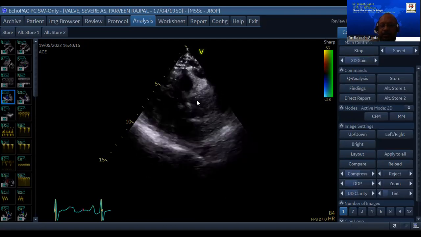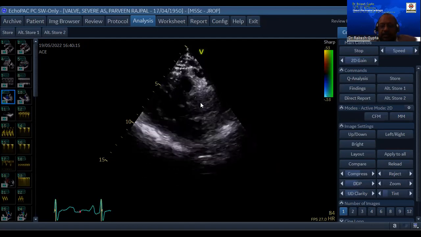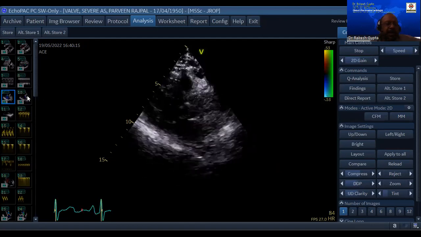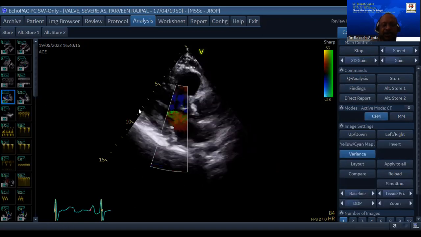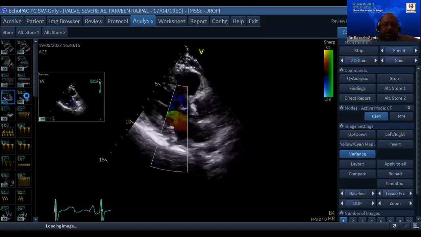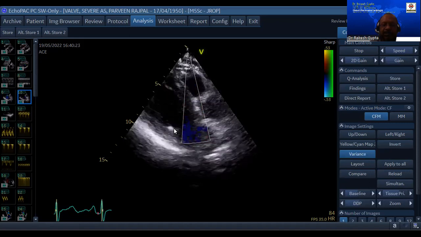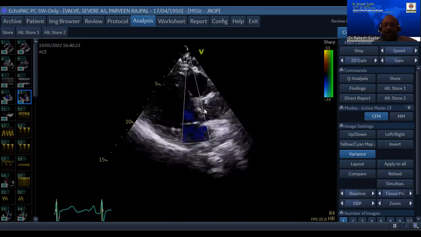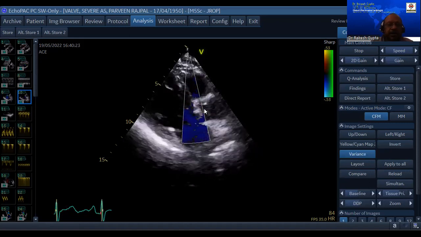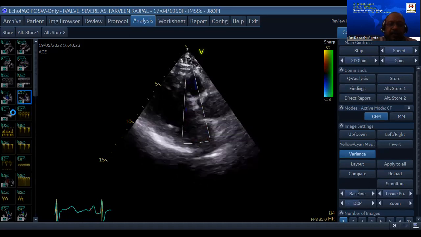So first we always see thickening and restriction of cusp motion, and if you put color across it, I don't have a color picture. Let me just see if we have color. Then we see a turbulence across this aortic valve, right? What else next?